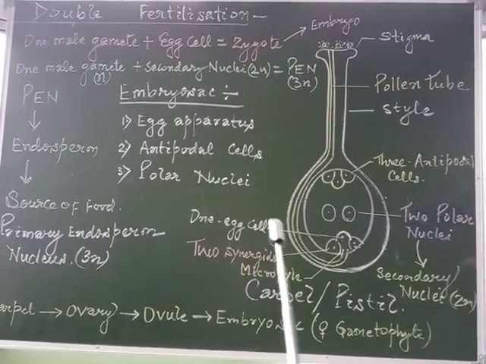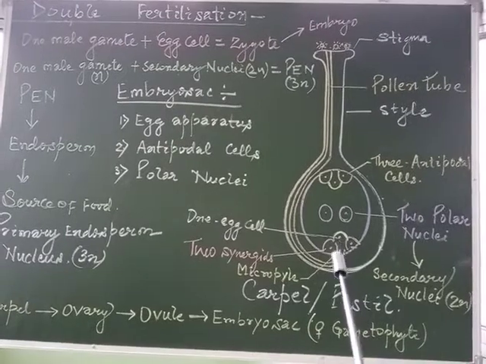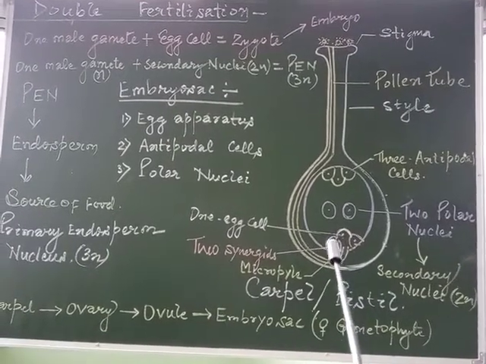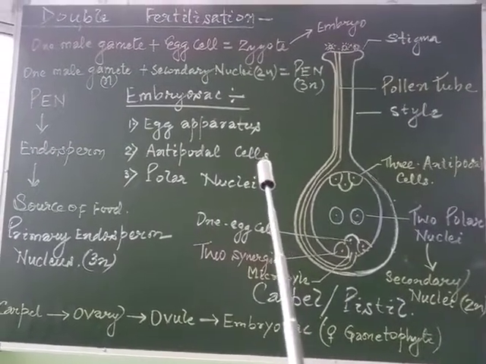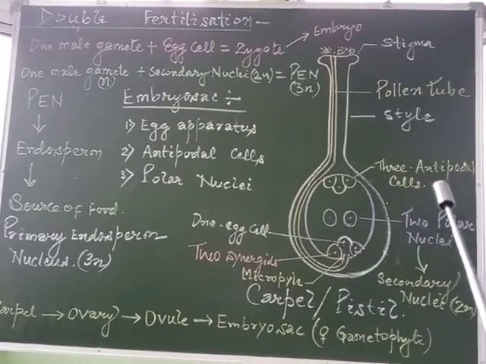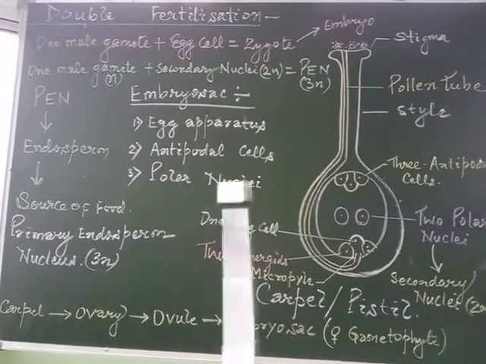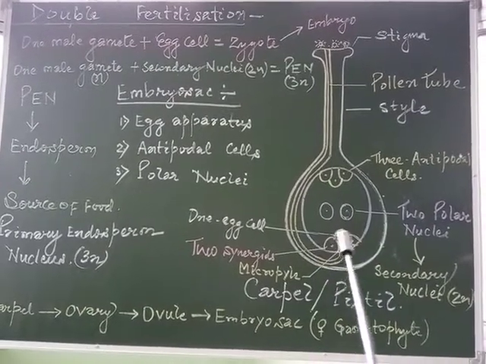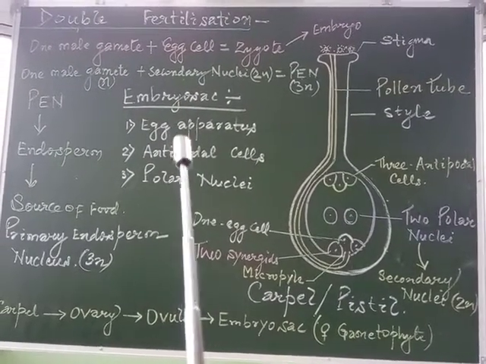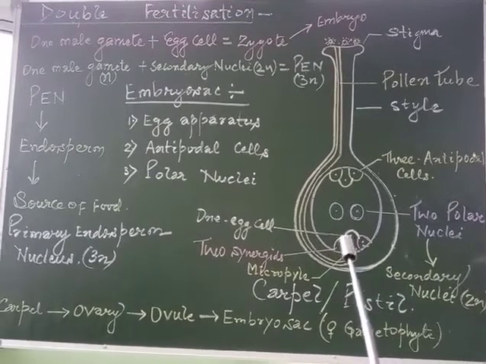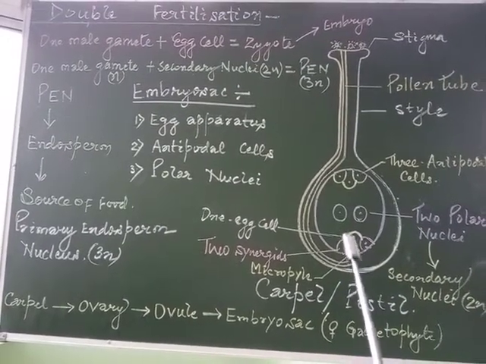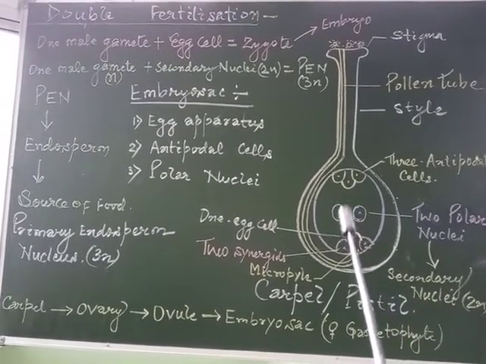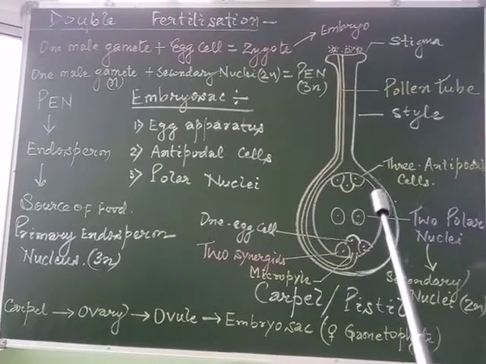The egg apparatus has one egg cell and two synergids. There are three antipodal cells and two polar nuclei. So overall, an 8-cell structure is present: one egg cell plus two synergids, 3, two polar nuclei, 5, and three antipodal cells, 8.